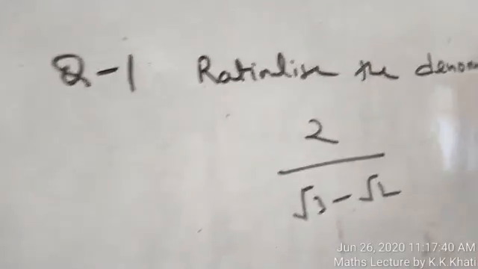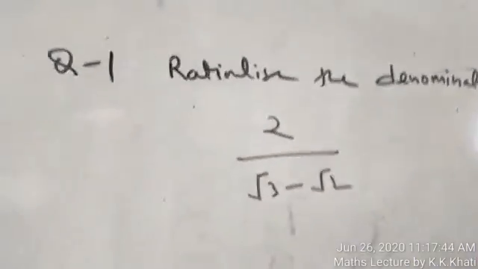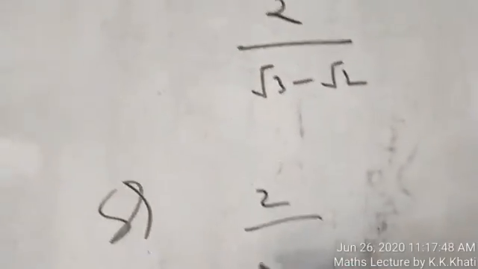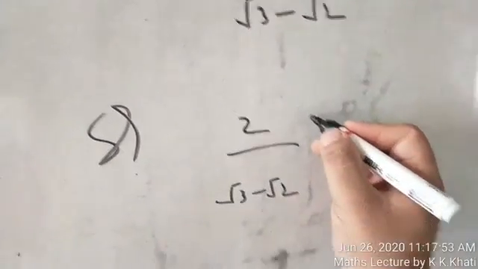Now student, we are going to discuss the first question over here. It is rationalize the denominator. What we have to do in this question: first we have to copy the question. After that we have to rationalize the denominator.